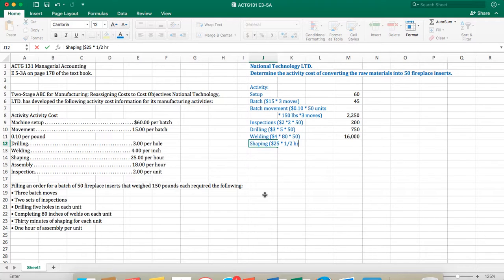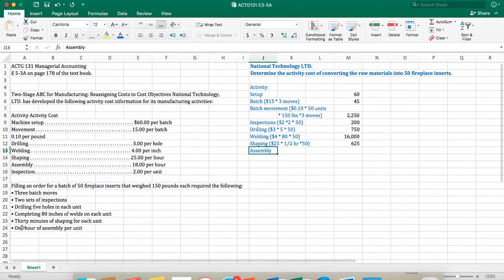I'm going to type it in, of an hour or 30 minutes, and then multiply that by the 50 units. So how am I going to represent it in my formula? Well, $25 multiplied by 0.5, because 0.5 of an hour is 30 minutes, and multiply that by 50 units, or $625.